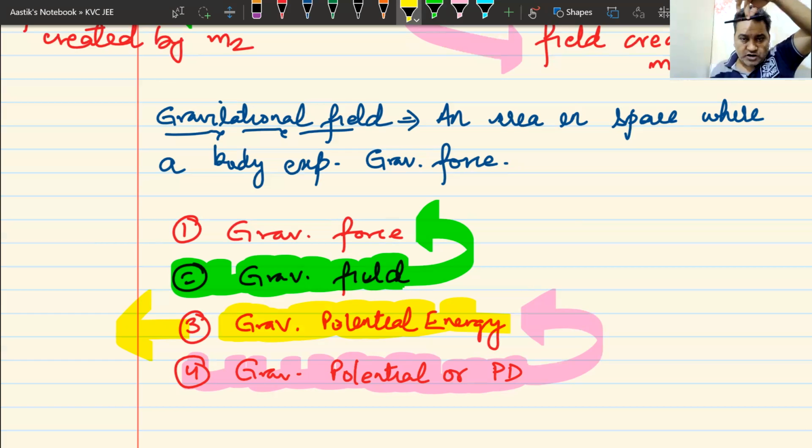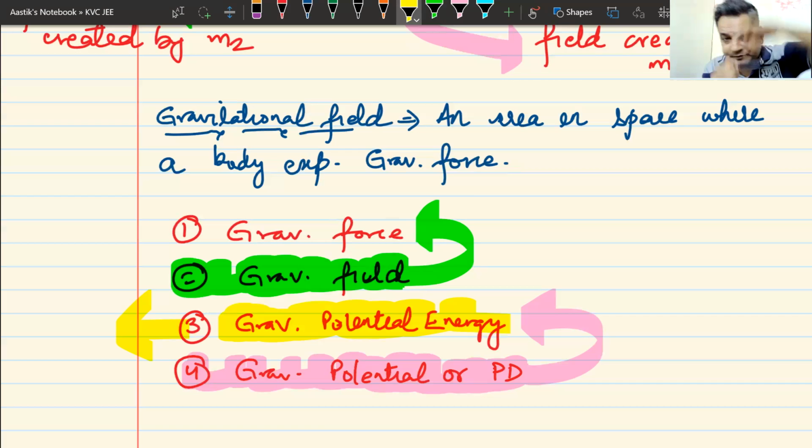But when this block is not here, it is just a point inside a gravitational field. This point has potential. When I put a block here, it becomes potential energy. But if there is nothing here, just a point, it is potential. When the block comes, it becomes potential energy.